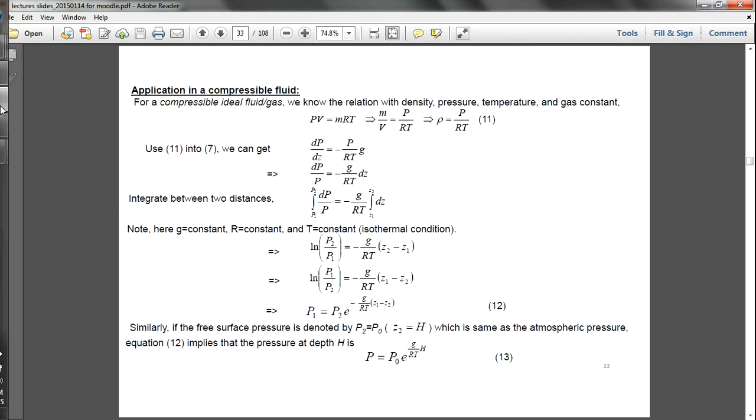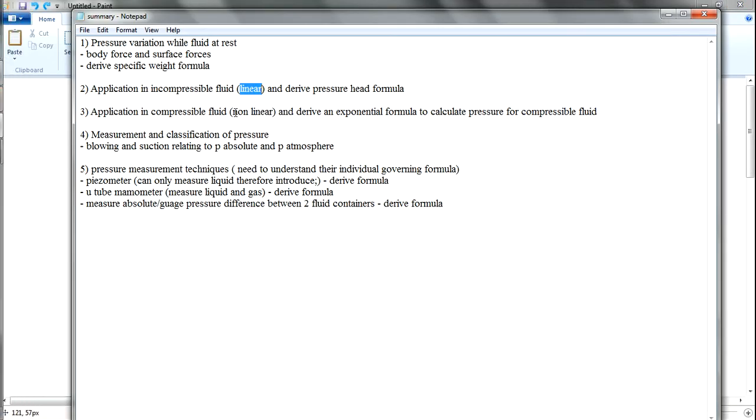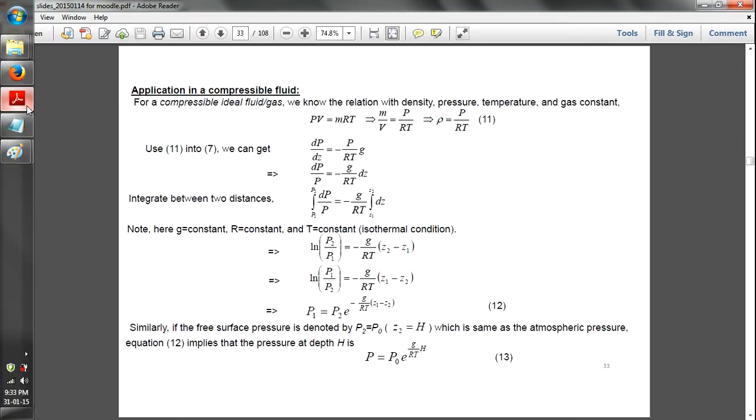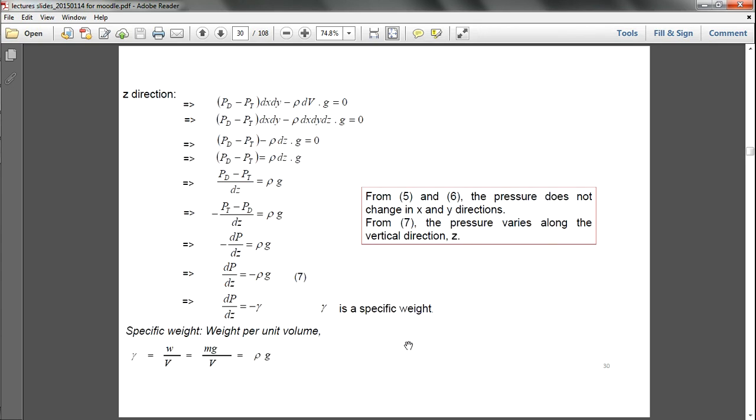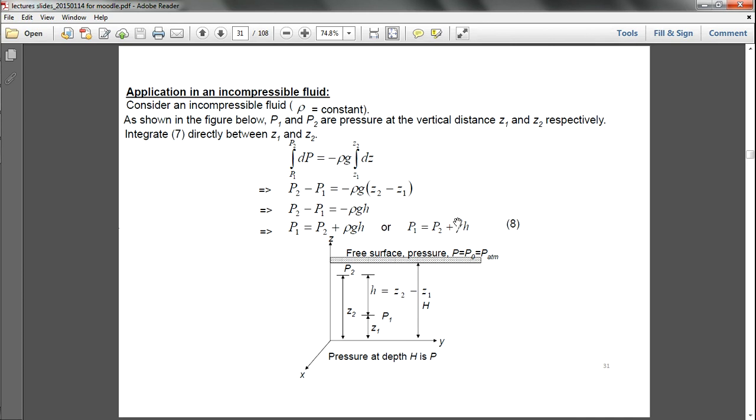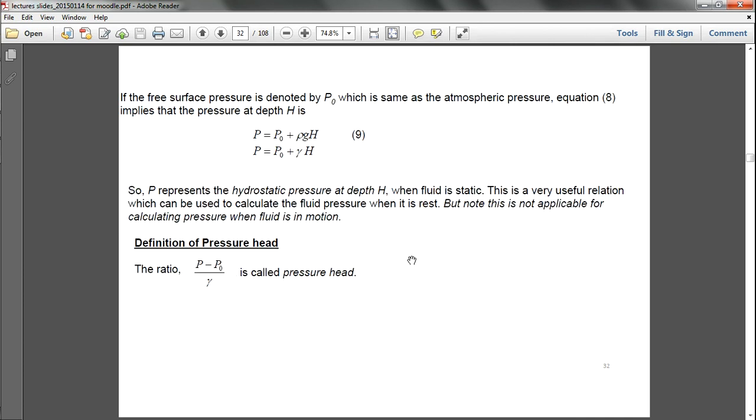For compressible fluid, which is non-linear, non-linear is exponential, so we calculate pressure for compressible fluid using this, and p0 itself is atmospheric. Just take note, this is the equation you need to know, and also the pressure head.